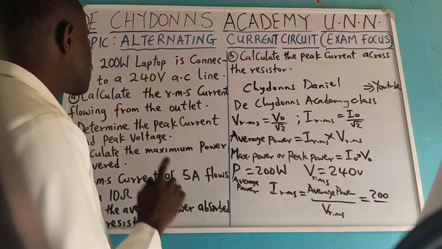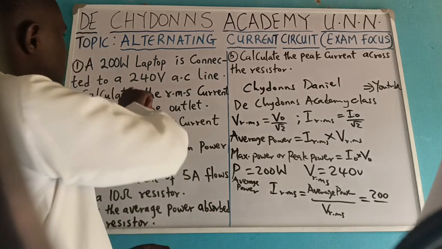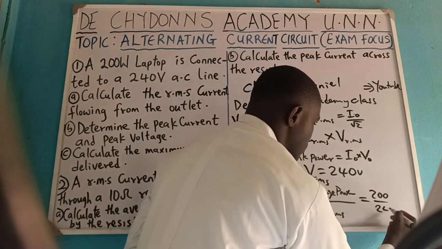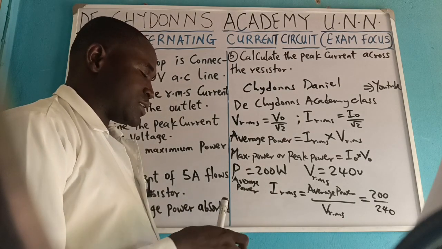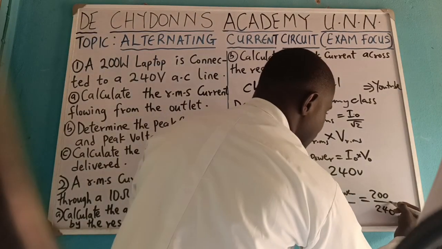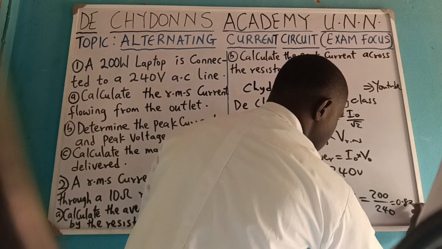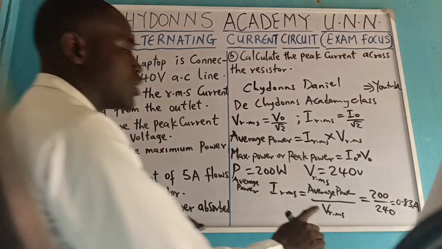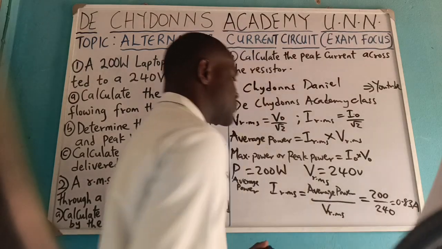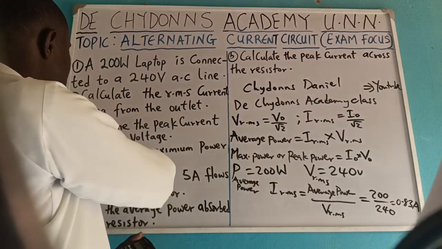Then the root mean square voltage is 240. Then you use your calculator and compute it. You have 0.83 ampere. The unit of root mean square current is amps. Then we go to the next question.